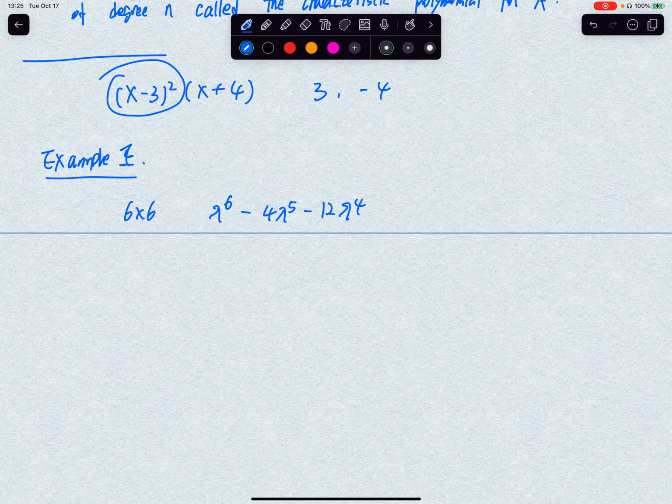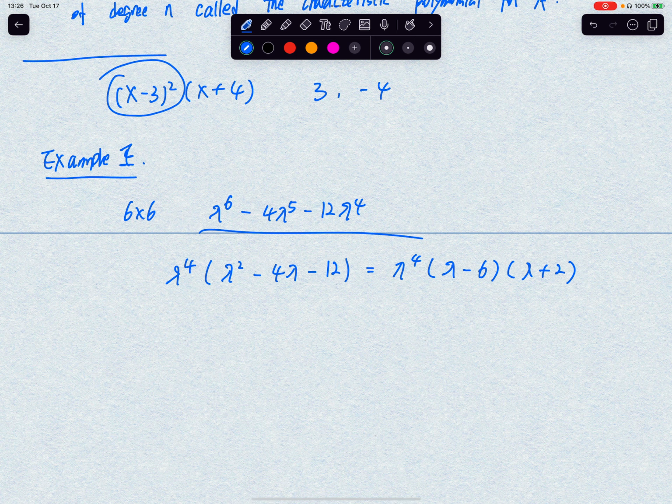If we factor out the common factor lambda^4, we have lambda squared minus 4 lambda minus 12. So it is equal to lambda^4 times (lambda minus 6) times (lambda plus 2).